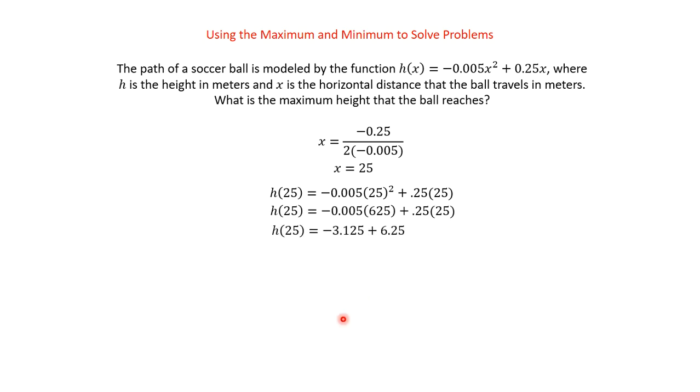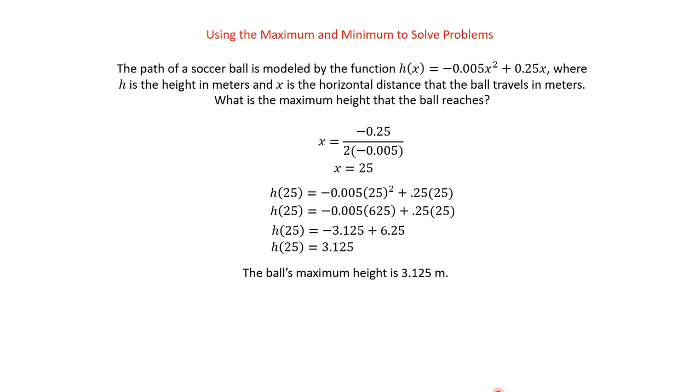And then multiply. And then we can add to get h of 25 equals 3.125, which means the maximum height of the ball is 3.125 meters. And it happens at the 25 meter mark if you were looking along the field.